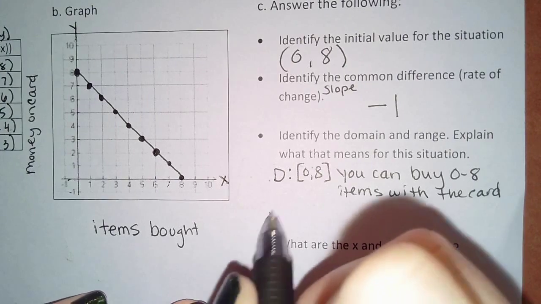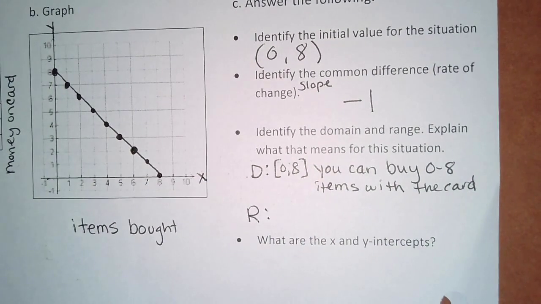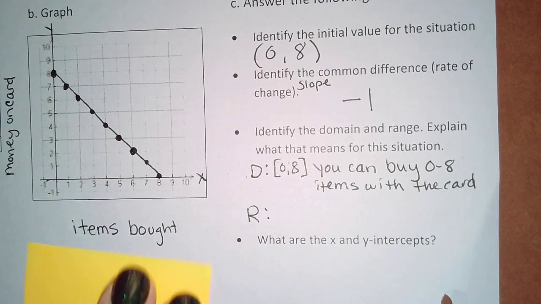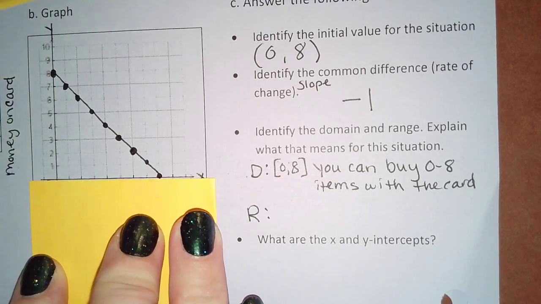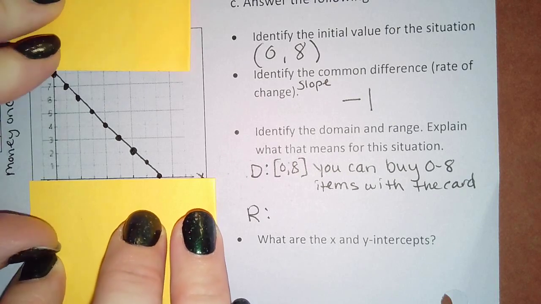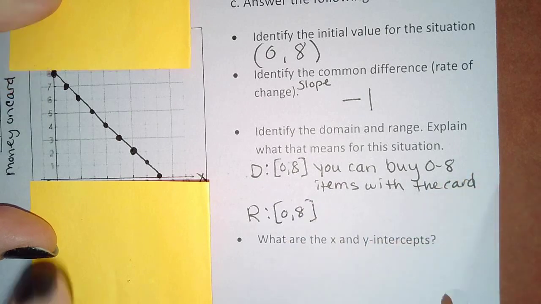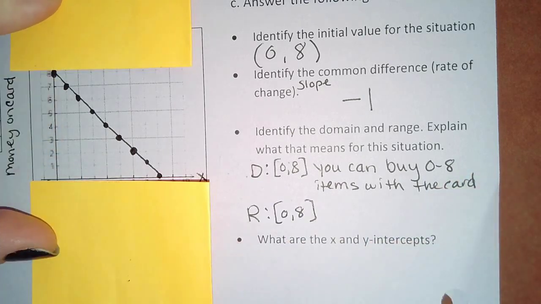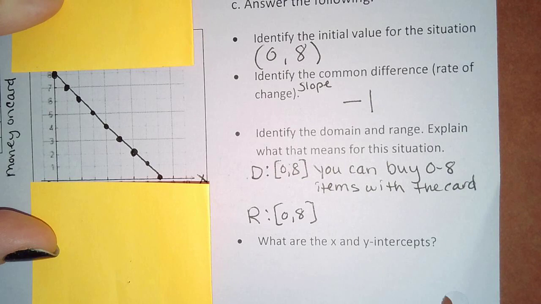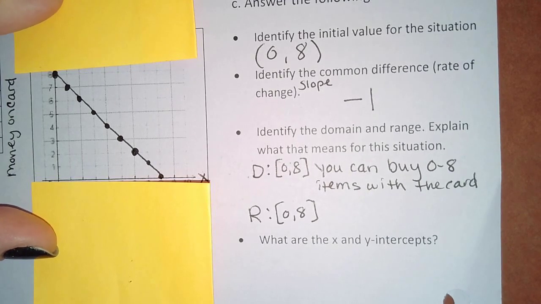Okay, and for our range, we're thinking bottom to top. So coming from the bottom side in here, top side stops here. So again, 0 to 8. But that means something different because we're talking about money on the card. So that tells us there can be between $0 to $8 on this card.